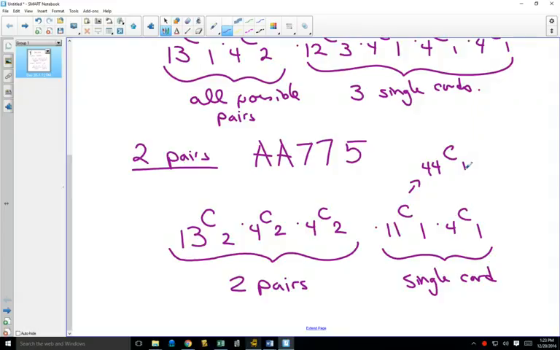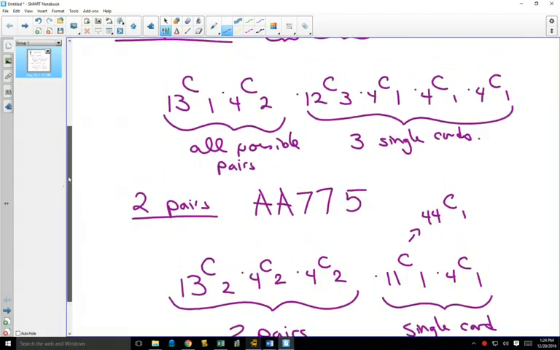But again, if you want 11 choose 1, that's 11. 4 choose 1, that's 4. 11 times 4 is 44. It works out to the same thing. We can't do 48 choose 2 because we might get 2 different numbers.